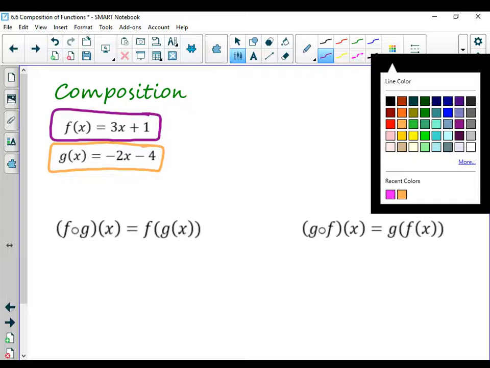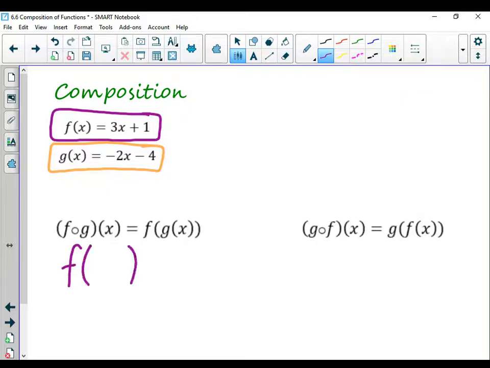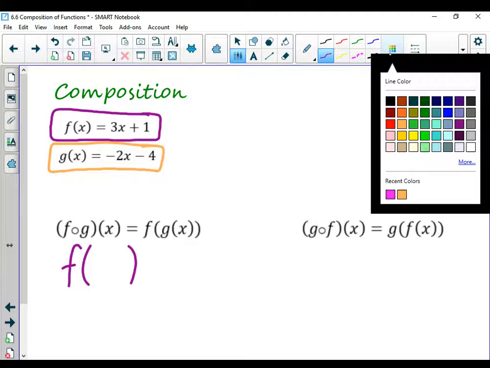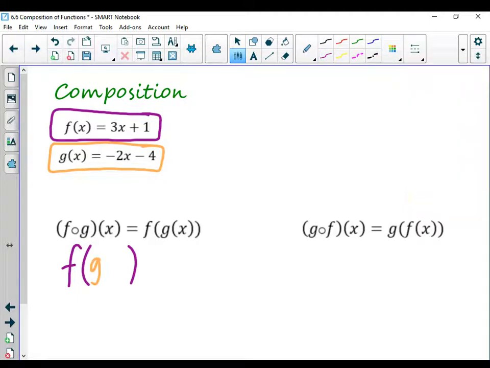All right, so f of g of x means g of x is literally inside of the f of x equation. So f of x equation is 3x plus 1. Notice how I'm not putting an x there.